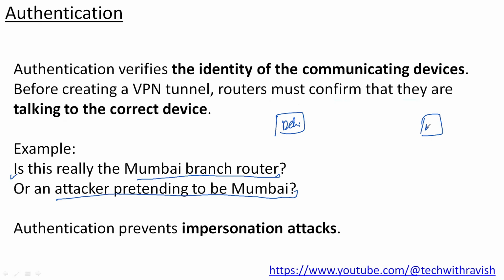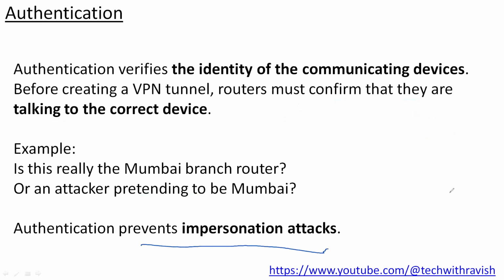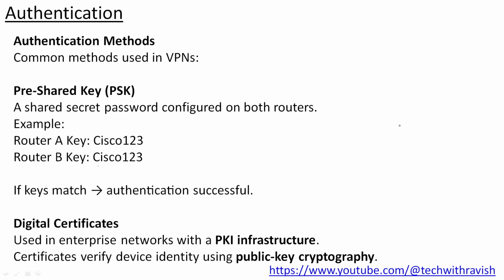So it will verify that it is the Mumbai location. Is there any change in the location? So authentication basically prevents impersonation attacks and changes in identities. If anyone is changing the identity and pretending to be our location receiving the data, it will be prevented by the authentication.